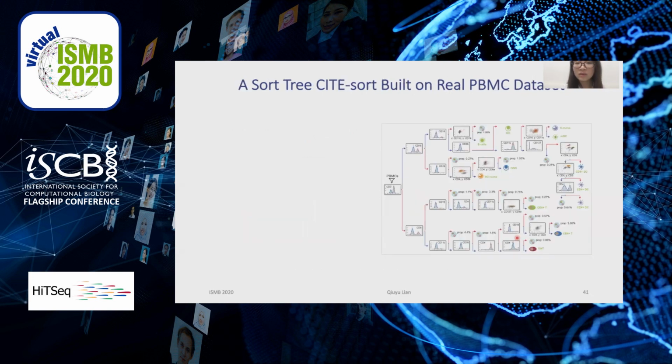As to the results on real datasets, I'm showing you a sort tree built by CITE-sort on a PBMC sample. For example, the root node represents the whole population. It records that CD3 is first selected for subdivision. Then, according to the expression of CD3 in the two subpopulations, we could annotate CD3 positive and CD3 negative on the corresponding edges. Then for this CD3 positive subpopulation, this node records that CD8 is further selected for subdivision.